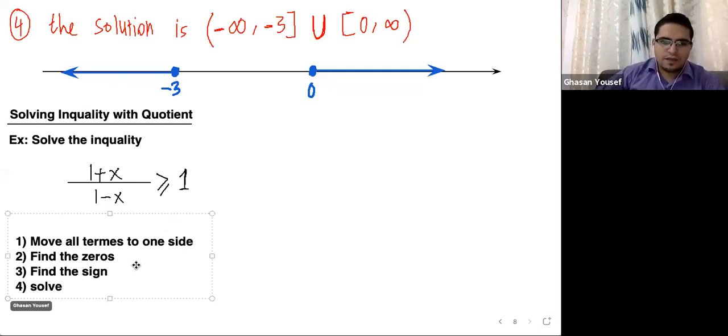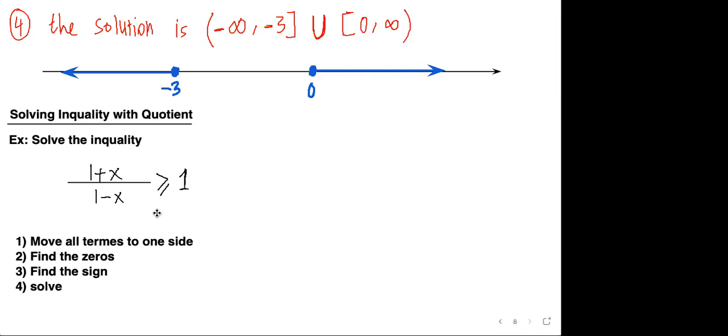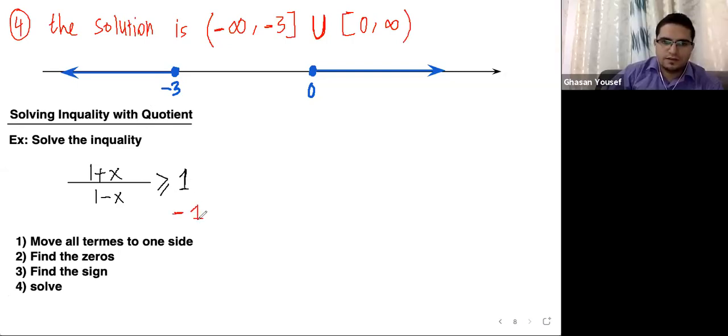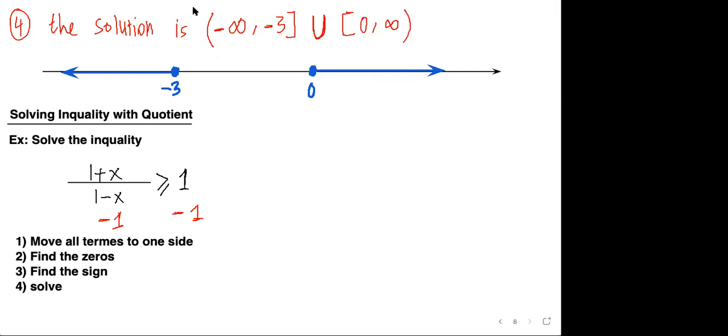Okay, let's solve this inequality by using these steps. Step number 1, move all terms to one side. How can we move all terms to one side? Subtract the 1 from both sides. So 1 minus 1 cancels out, and this is 0.